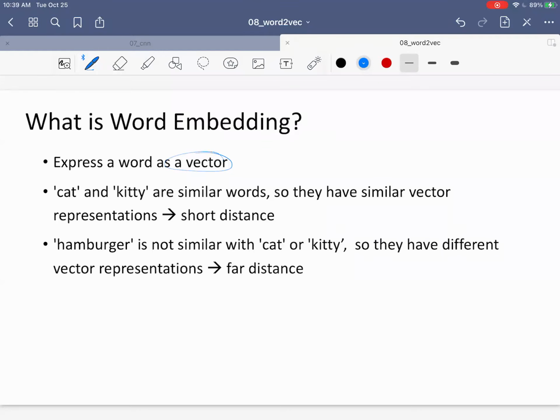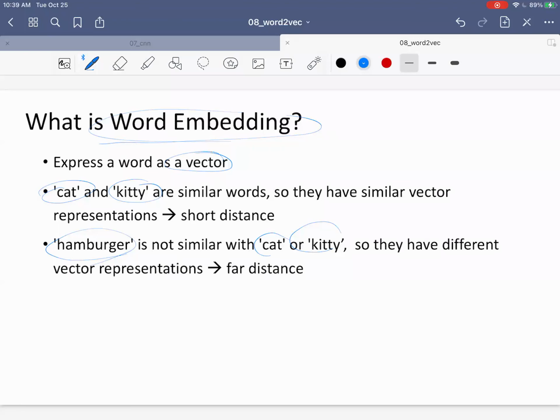So before we begin, the basic concept: what is a word embedding? What kind of desirable property do we want out of word embedding? For example, cat and kitty are similar words, so they should have a similar vector representation. Compared to hamburger, which is a completely different word than cat or kitty semantically.